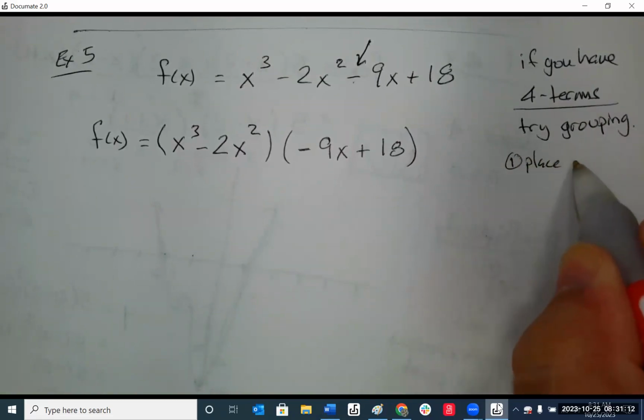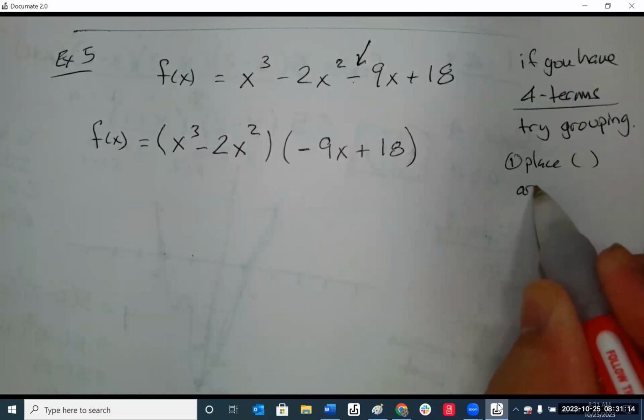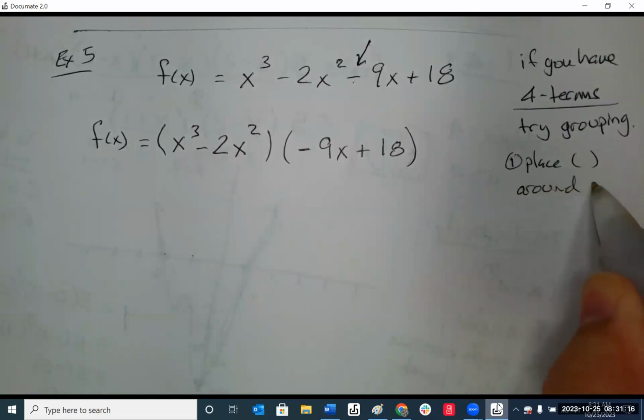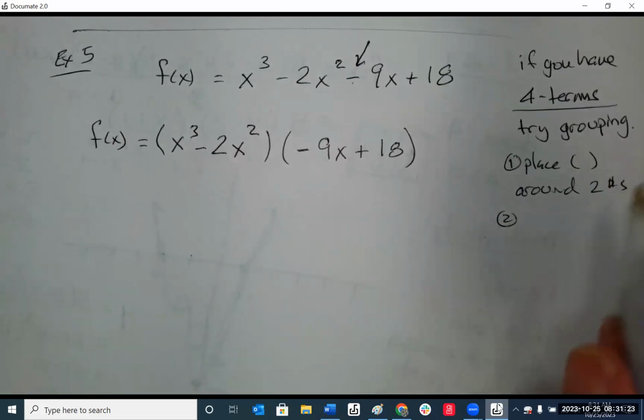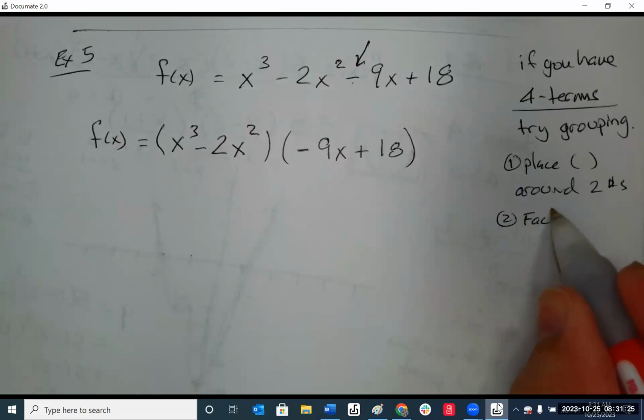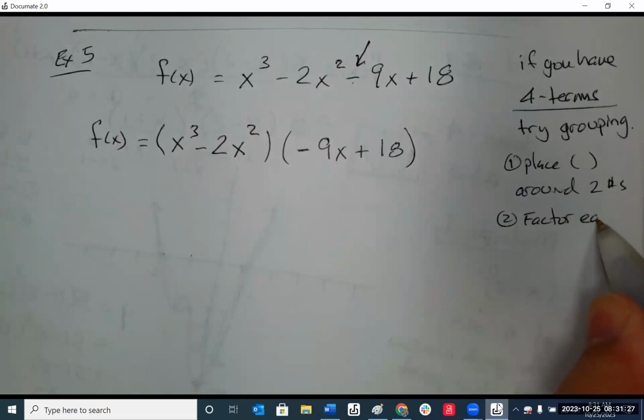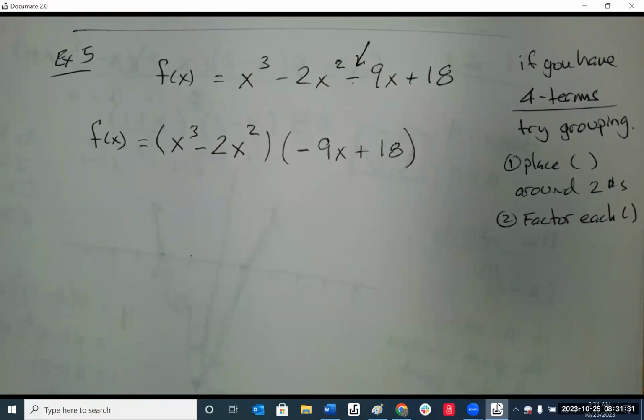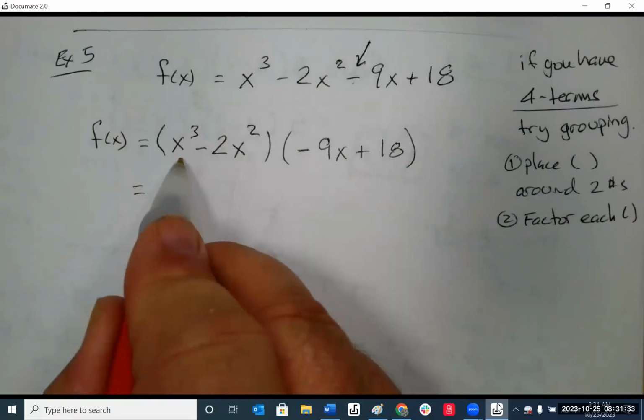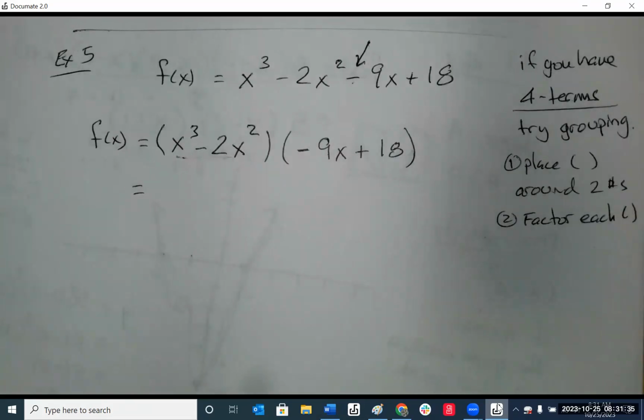So place parentheses around 2 numbers. Second step: factor each parenthesis. In other words, what do they have in common in the first parenthesis?